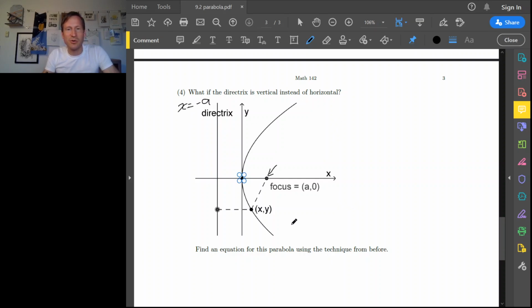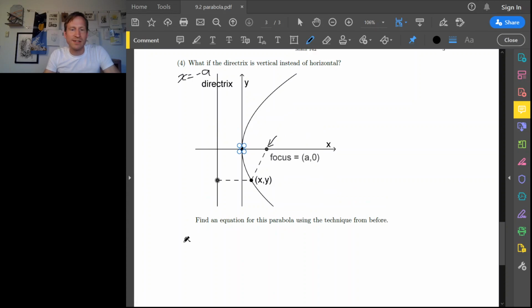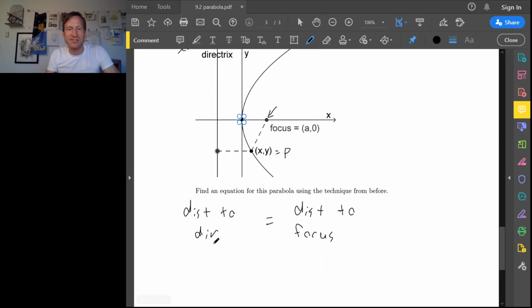Okay, so let's find an equation for this parabola. Well, again, we can play the same game. We can write down the distance from our point P to the directrix and set that equal to the distance to the focus. Okay, so the distance from our point P to the directrix, well, this time the points are aligned horizontally, so we can just subtract their x coordinates.